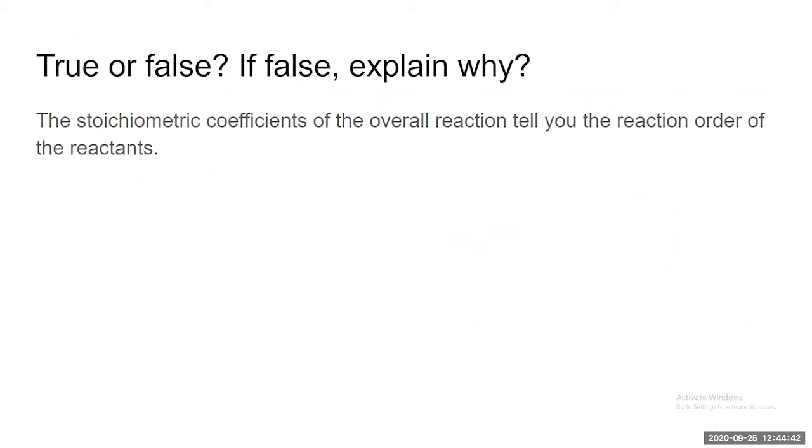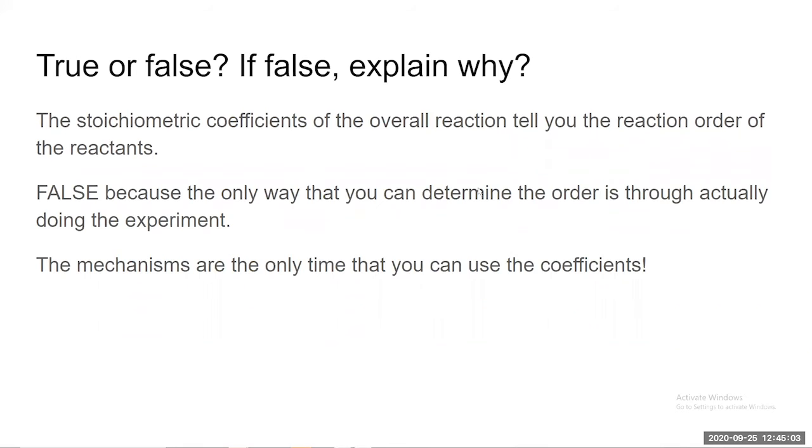So true or false, or if false, explain why. The stoichiometric coefficients of the overall reaction tell you the reaction order of the reactants. Yep, this is false, because you actually have to do the experiment in order to determine the order.